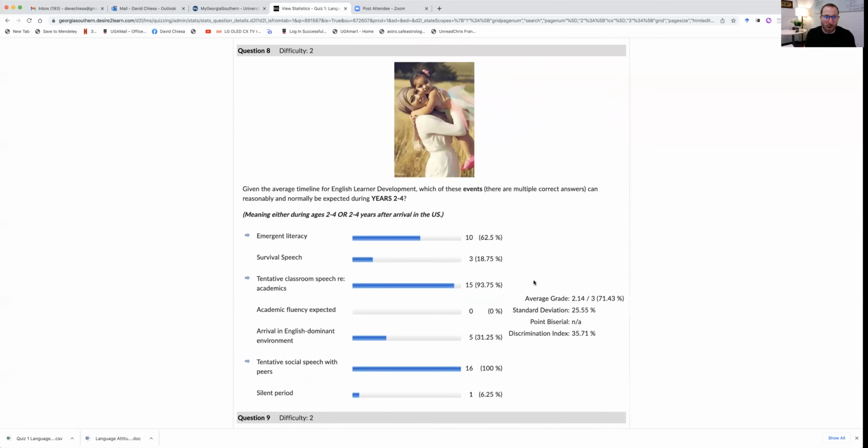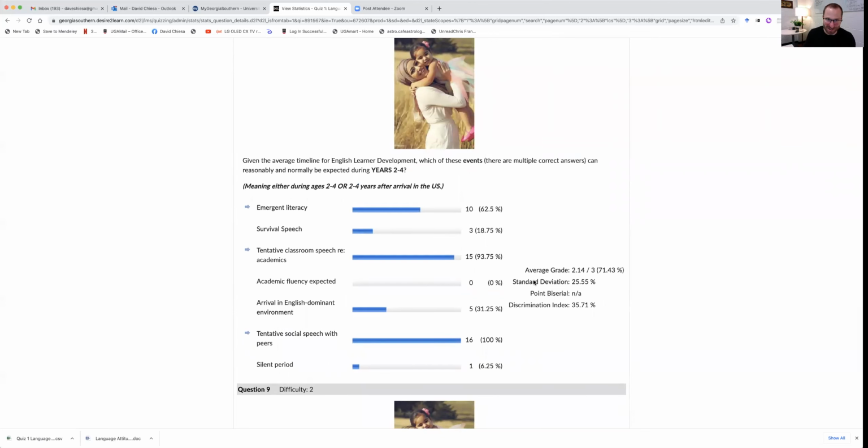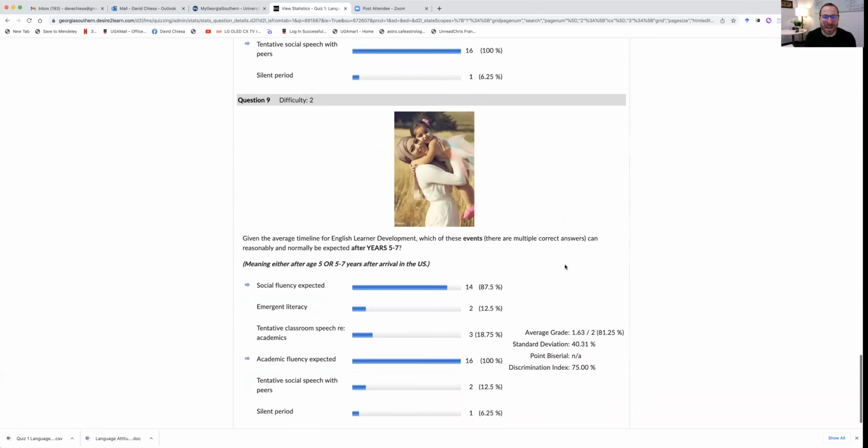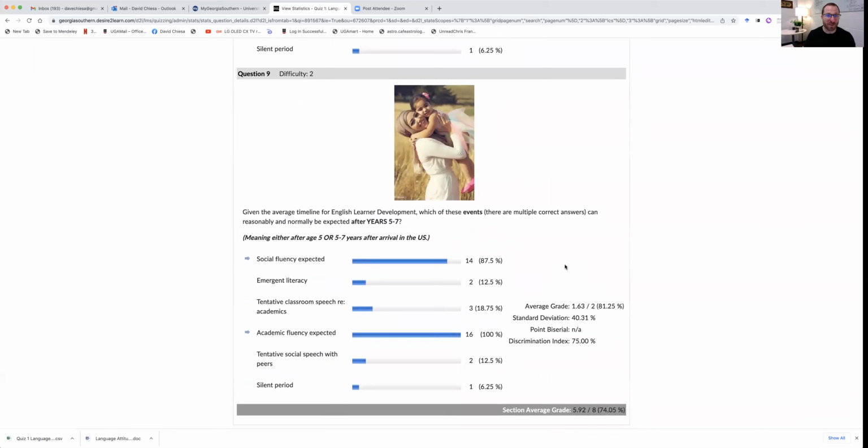What about 2 to 4? Well, emergent literacy, tentative classroom speech regarding academics, and tentative social speech with peers. So as you get older, more speech is utilized, in essence. And finally, between 5 to 7, social fluency is expected, and academic fluency is also expected.